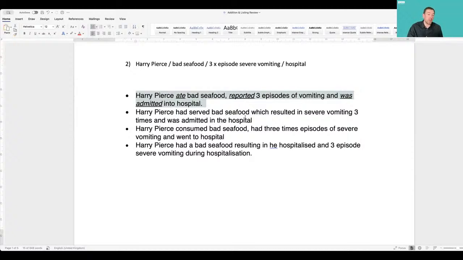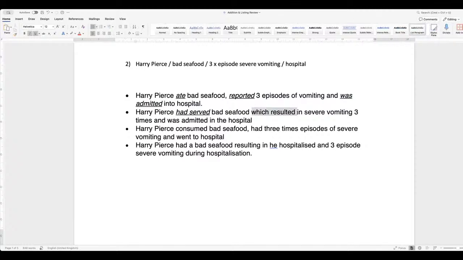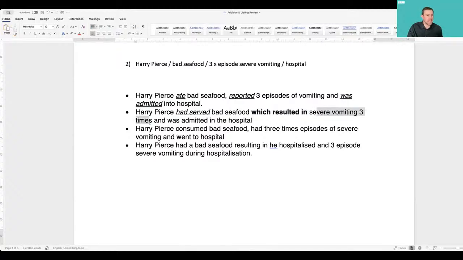This one we've got a bit of a problem with, because we've chosen served, instead of ate or consumed. Then we've got which resulted in severe vomiting 3 times.